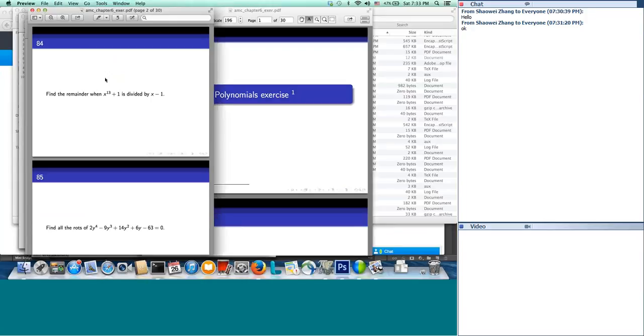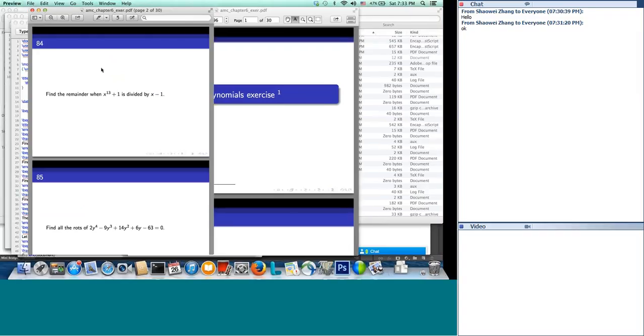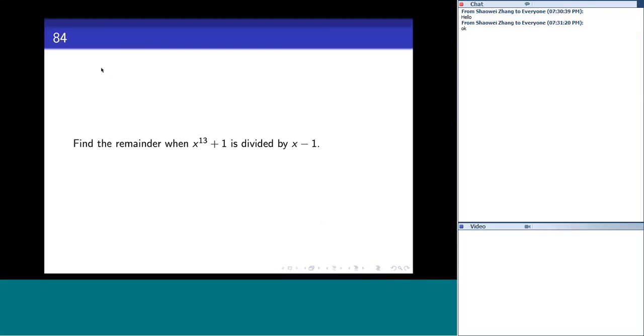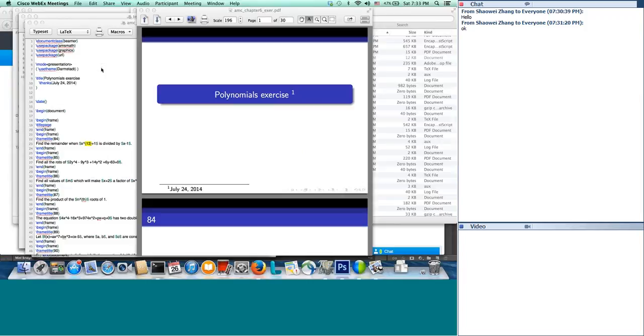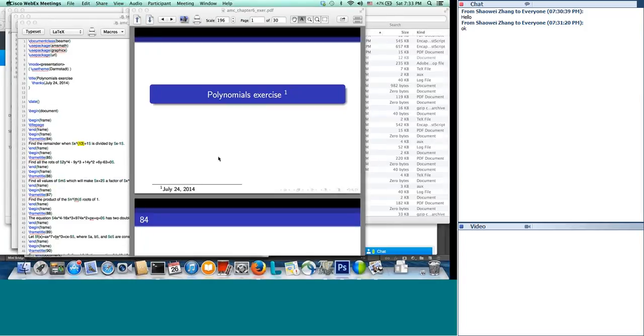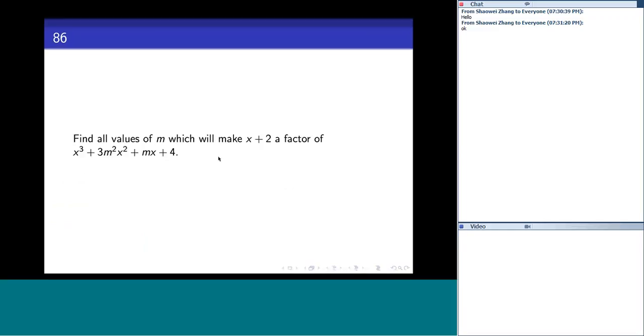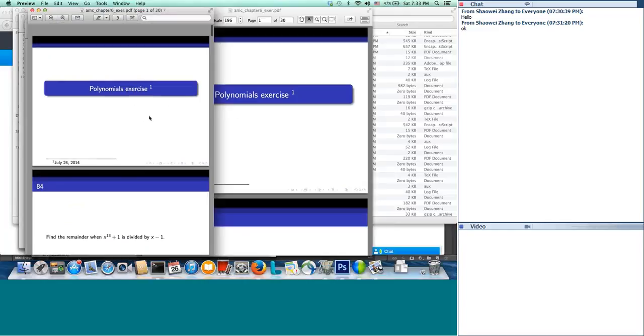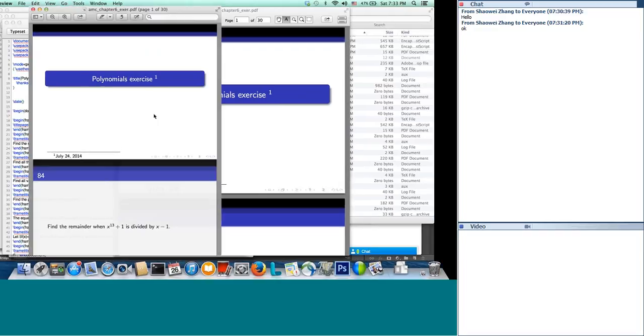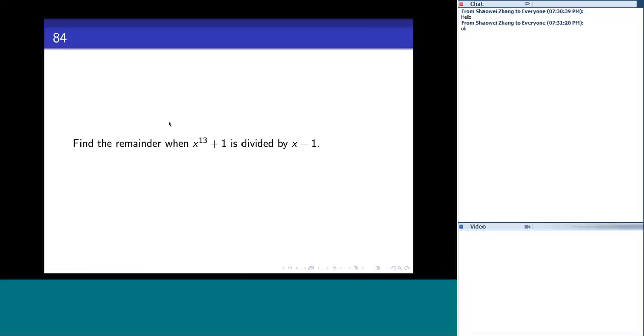All right. Let's start with the exercise first. I think everybody is using the exercise, right? Everybody is here, right? Exercise review, very quick.